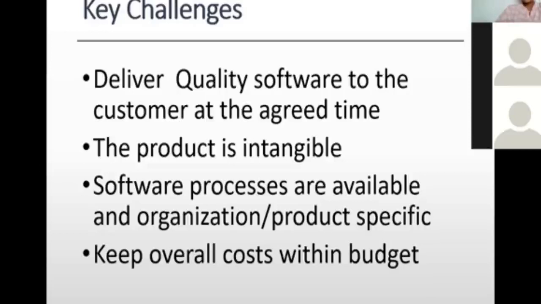Not only delivering quality software, but delivering it within the agreed time and agreed budget. Initially we have to agree on the time period and the budget, and within that, we have to deliver quality software, right? If not, what will happen? The customer may not be satisfied with what we delivered. So that is a kind of failure, right?